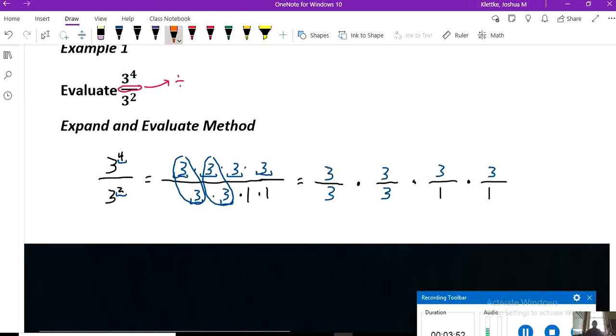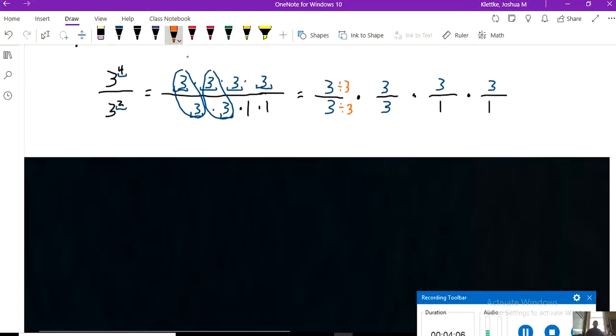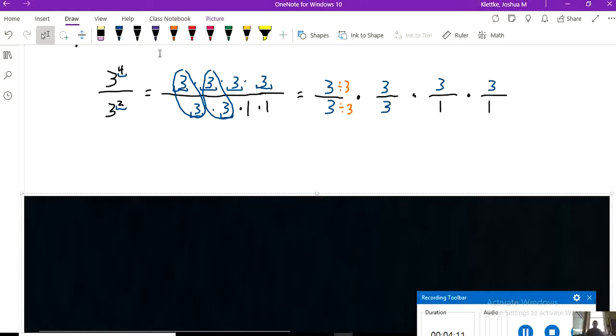Now let's think about this. 3 over 3. That's a fraction, and I actually want to put it in its lowest terms. I know that I can divide both the numerator and denominator by 3. So in lowest terms here, 3 divided by 3 is 1. 3 divided by 3 is 1.